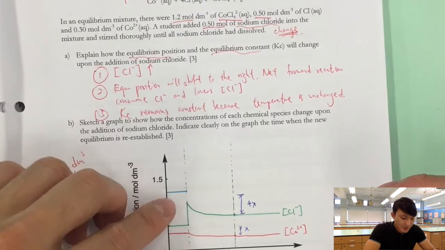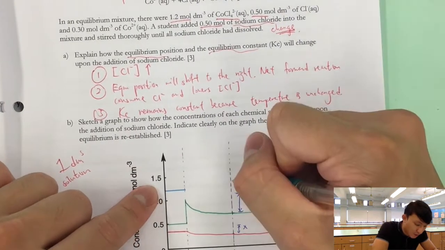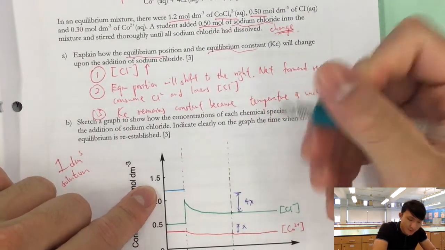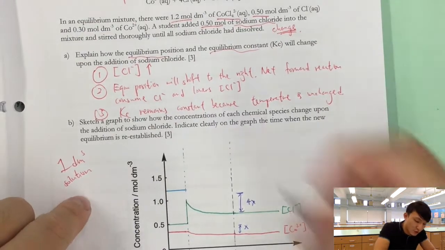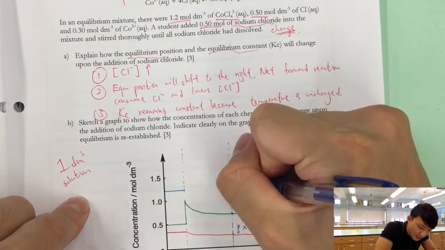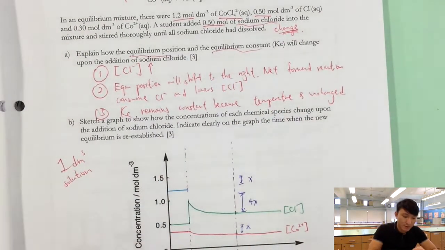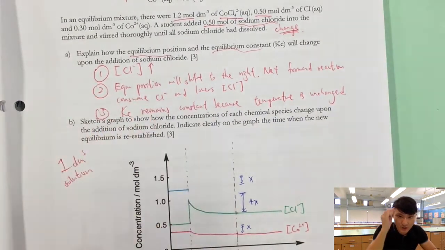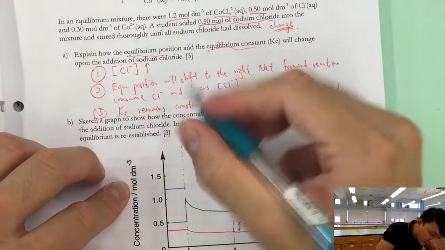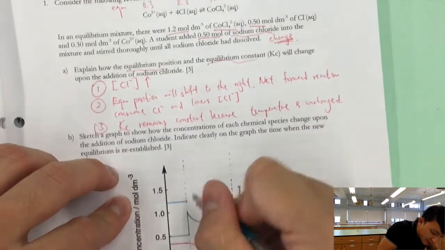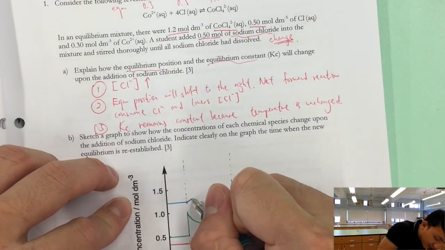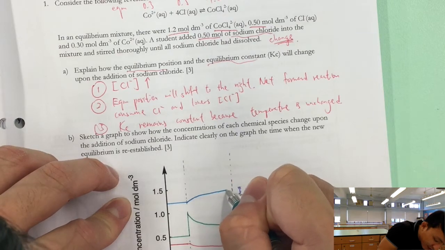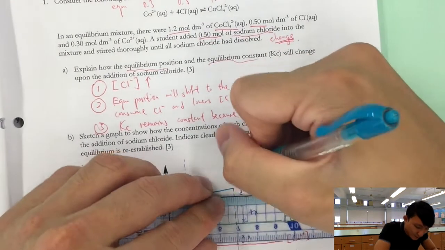And lastly, the product, of course, will have its concentration increased by a small amount, and this one should be equivalent to x as well, because cobalt 2 plus and the complex ion are in 1-to-1 ratio. So this one will increase rapidly in the first place, and then generally flatten off.